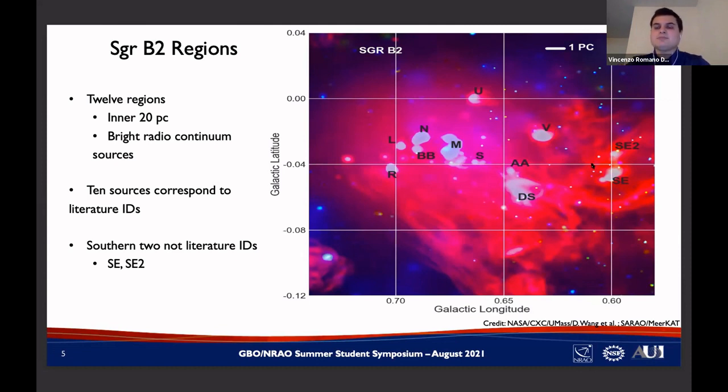These two southern sources don't appear in the literature, so we give them placeholder names of Southern Extra and Southern Extra 2. Again, this image is not part of the SWAG data set. It's a composite of X-ray data from the Chandra telescope and radio data from the MeerKAT radio telescope. I'm using it instead of the SWAG data because it offers more of a visual appeal.